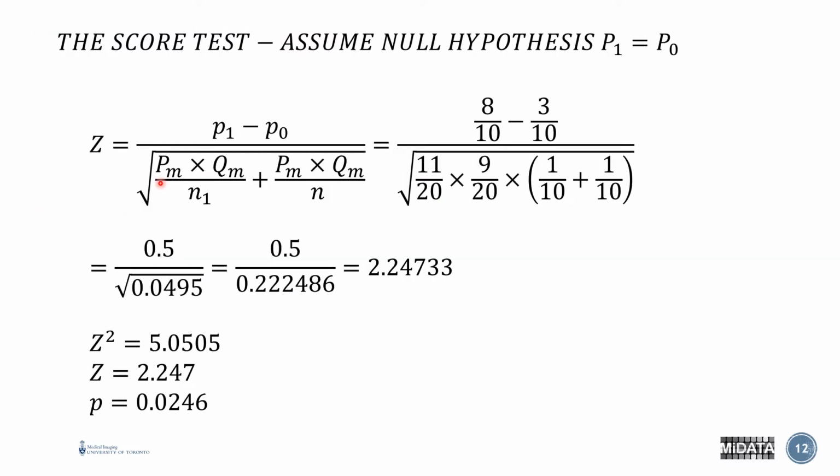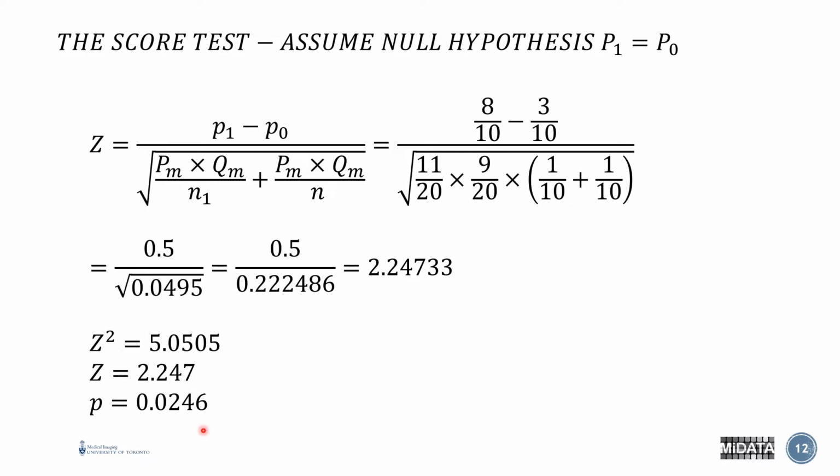Now you'll remember that the Z test was the difference in proportions divided by its standard error, and this is the pooled variance, if you remember, for proportions. When we do the calculation, the Z score is equal to 2.247, which when it's squared is equal to 5.05. And you'll remember that this value was the value given by SAS in the first line for the chi-square statistic.